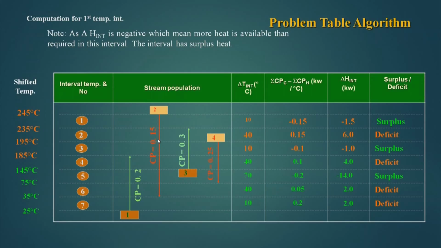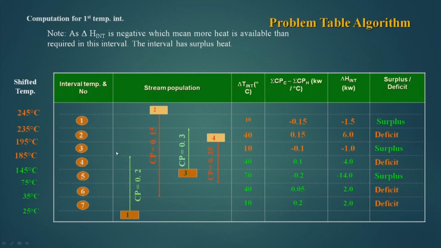That means, in this temperature interval only the hot stream whose stream number is 2 is available, as well as the cold stream whose stream number is 3. So, whatever heat is available with the hot stream is not enough to heat the cold stream, that is stream number 3, and hence there is a requirement of 6 kilowatt in this temperature interval, and that is why it is deficit.